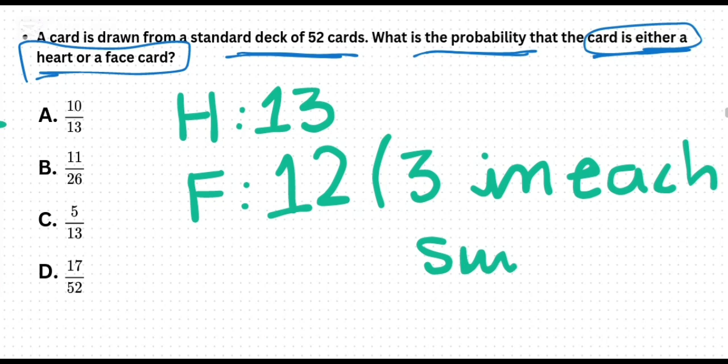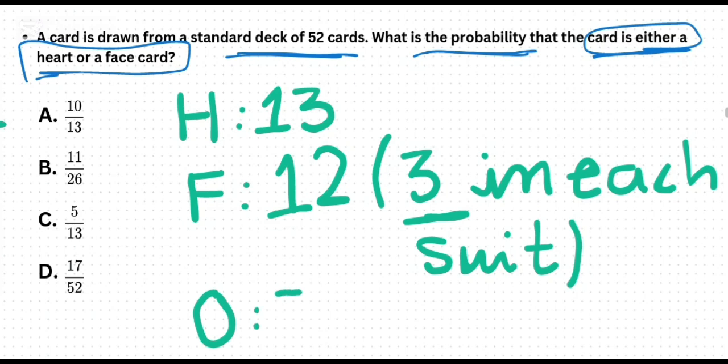Now we need to find the overlap. If you see in face cards, there are 3 cards in each suit. There is an overlap. So the overlap in face cards is 3. Okay.